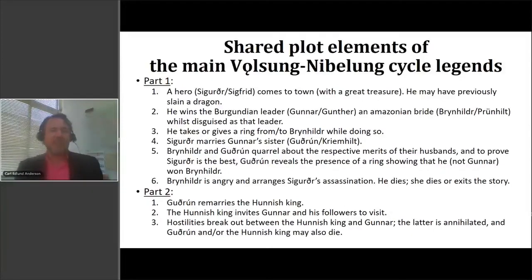As we've said, in the German tradition, as represented by the Nibelungenlied, it opens up pretty directly with its hero, Siegfried or Sivrid, coming to town to the Burgundian stronghold of Worms, with only a fairly sketchy reference to any of his prior adventures. The Scandinavian sources, however, particularly Vålsunga Saga, provide a considerably more extensive backstory with a special focus on how their hero Sigurd came to slay a dragon and win its treasure. That's a big deal in the Scandinavian sources.